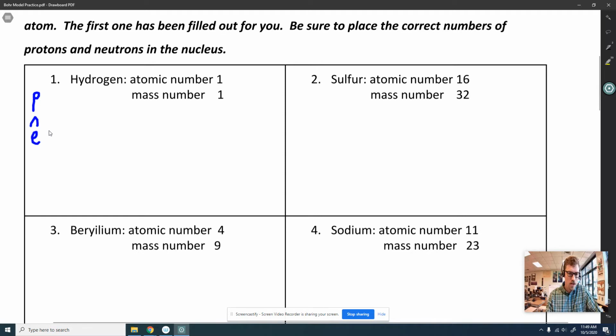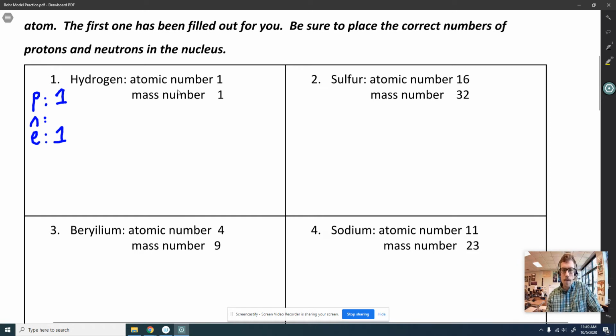So first of all, hydrogen, atomic number of 1. Remember, what is that always going to tell us? That is always going to tell us our number of protons. And so our number of protons should also be 1. And remember that this is also, for now, always going to be our number of electrons. We are assuming that this is a neutral atom.